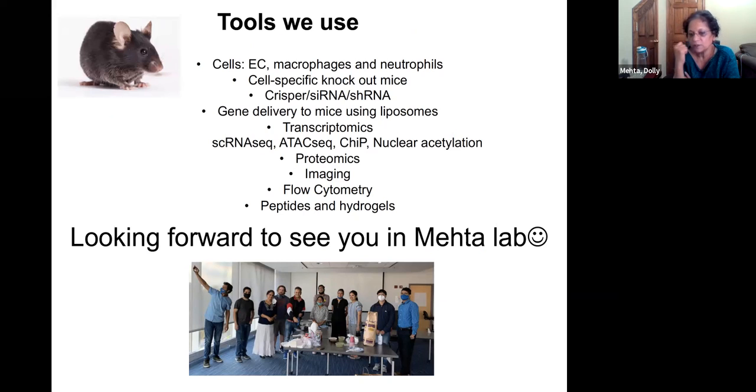Is it a bad gene or is it a good gene? And how does it affect lung function? And then we do a lot of gene editing, and gene delivery is our favorite because we can put back the normal gene or the bad gene to recapitulate the disease process in the mouse, along with transcriptomics, and in doing so, flow cytometry, peptide, and hydrogel.